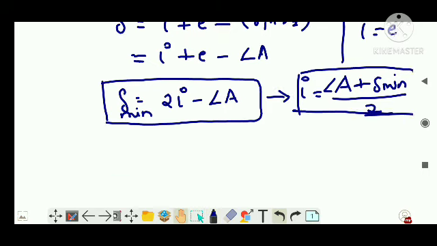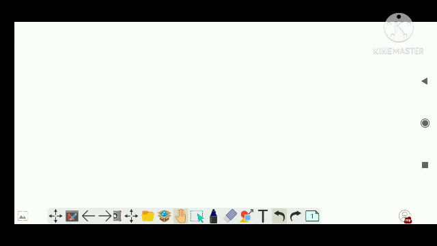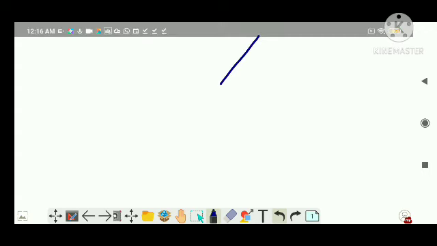Clear? Right. Now, if you are asked how to find the refractive index by using minimum deviation, or how can I find a relationship between minimum deviation and refractive index, how would you do it? Suppose you have a prism like this.